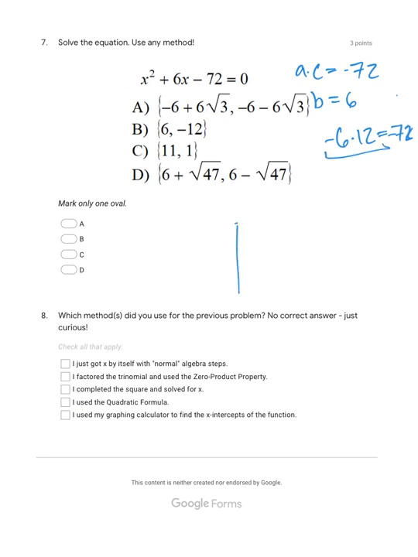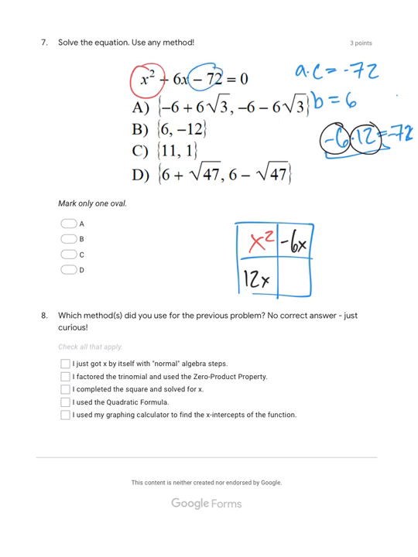So in box method, I'm going to be factoring this time. So I need my x squared to match here. I'm going to pick these two numbers as the coefficients on the x terms. So 6x, negative 6x, and 12x. And then I have to have my c term here.